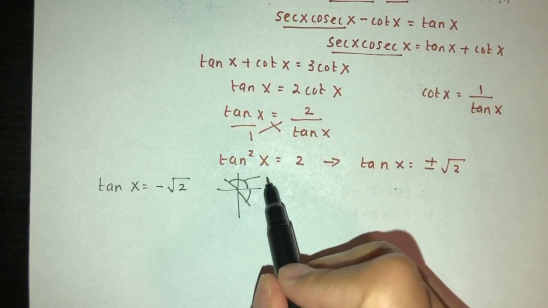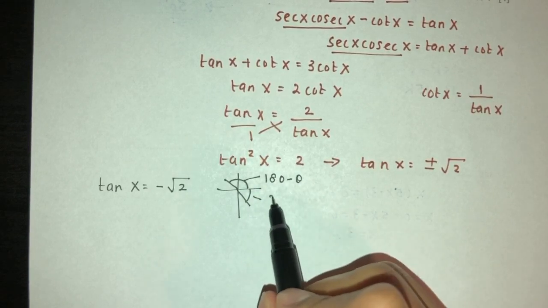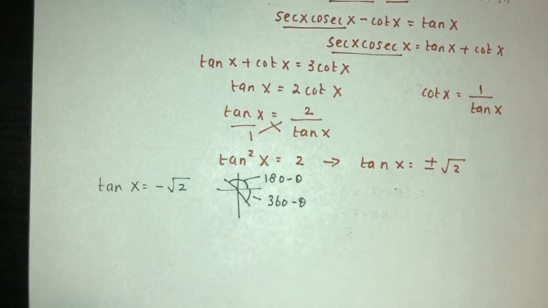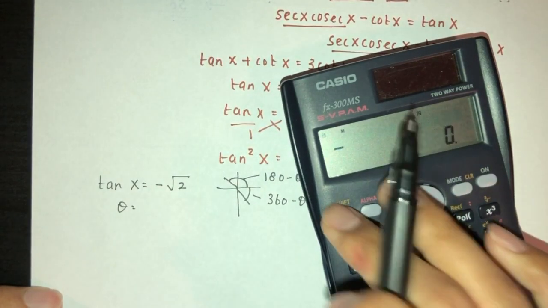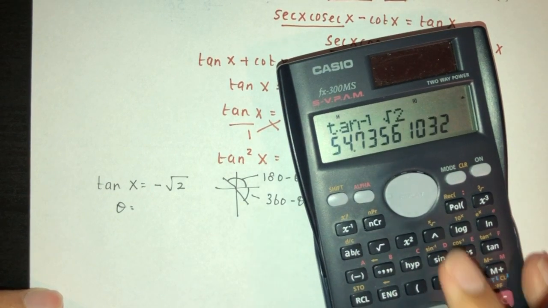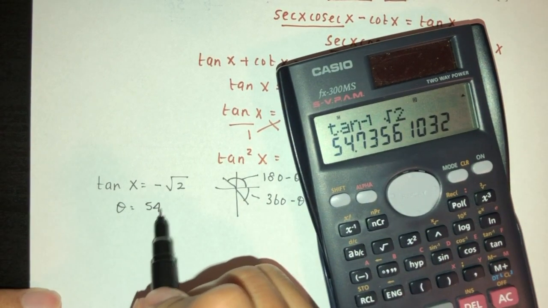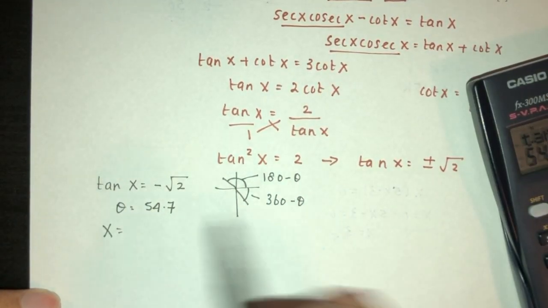So this will be 180 minus theta, and this is 360 minus theta. So let's find the value of theta first. Theta will be just, let me find the calculator. That will be tan inverse of root 2. That is 54.7. But for the value of x, that will be 180 minus this.